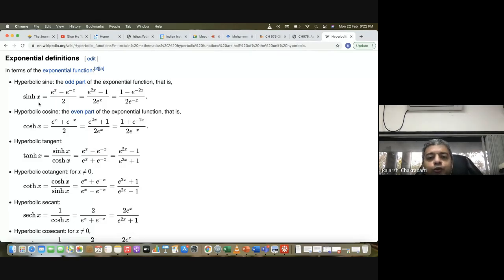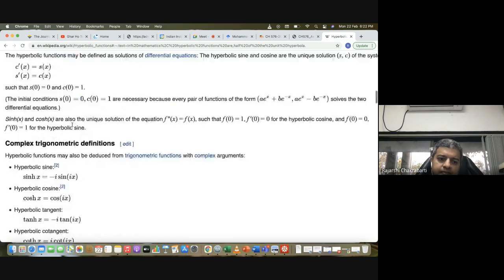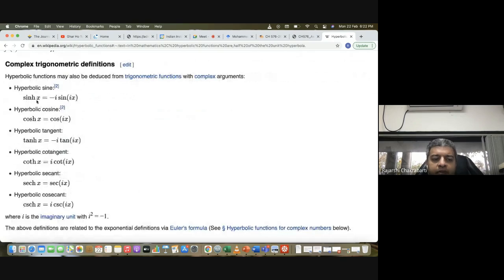I don't know why you don't know. Everybody should know this. This is cos hyperbolic x. These are real functions in x. And there is a relation between hyperbolic functions and sine x like this. If I take sine of imaginary x multiplied by minus i, I get sine hyperbolic x.